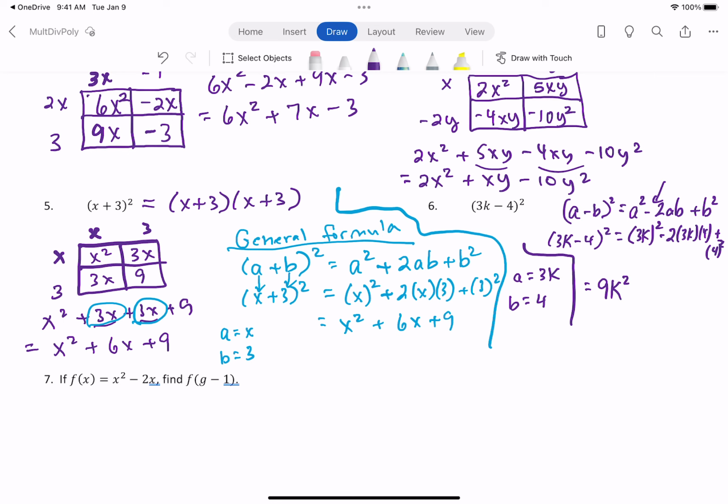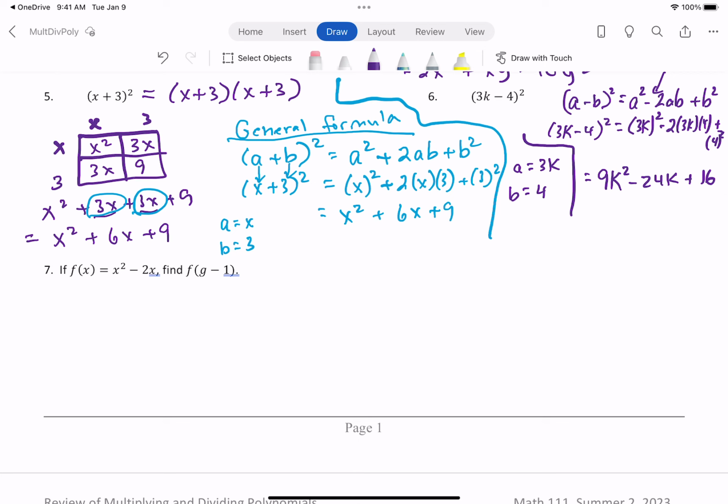Then we have negative 2 times 3k, that's negative 6k, times 4 is negative 24k, and then plus 4 squared is 16. And of course, if you want to verify that for yourself, go back when you have some time and use the FOIL method, use the box method. Make sure you get the same thing. Okay?